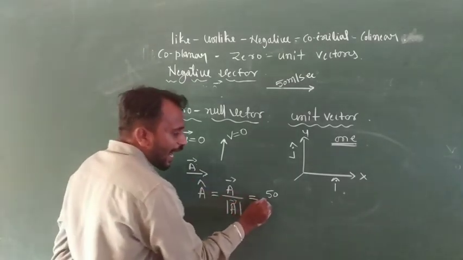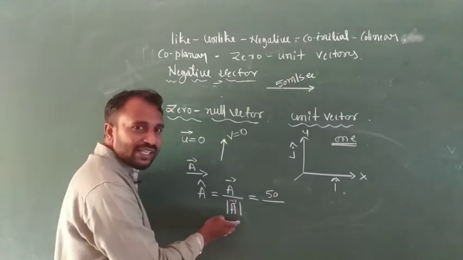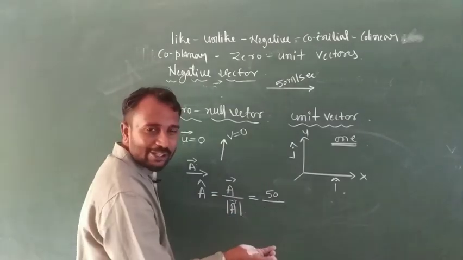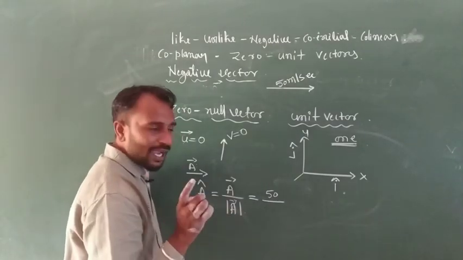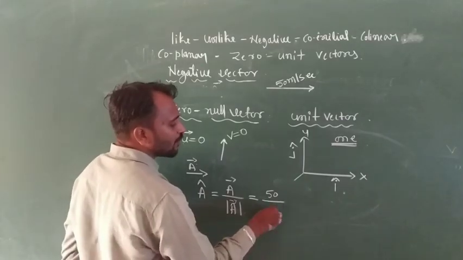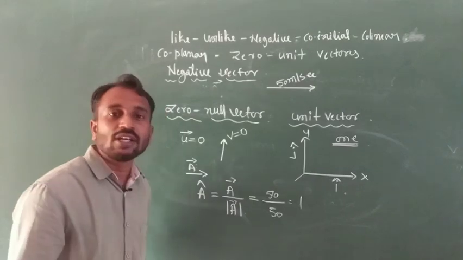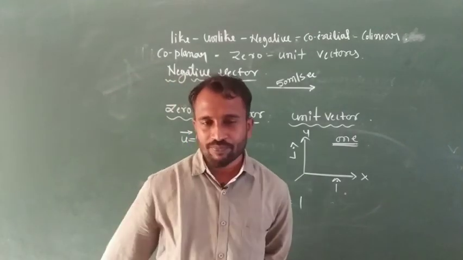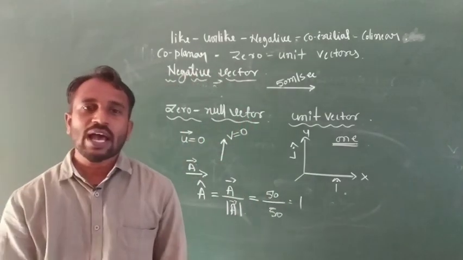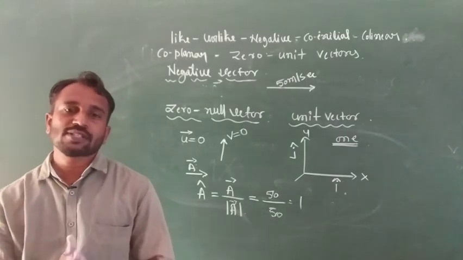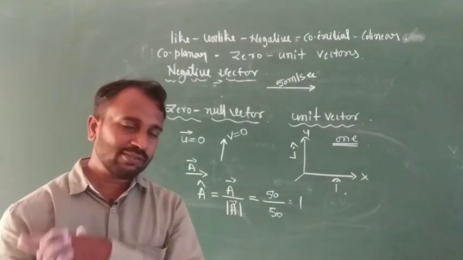Vector A represents both, while the modulus of vector A is only the magnitude. So 50 divided by 50 cancels, and we get 1. A unit vector has magnitude 1, always.